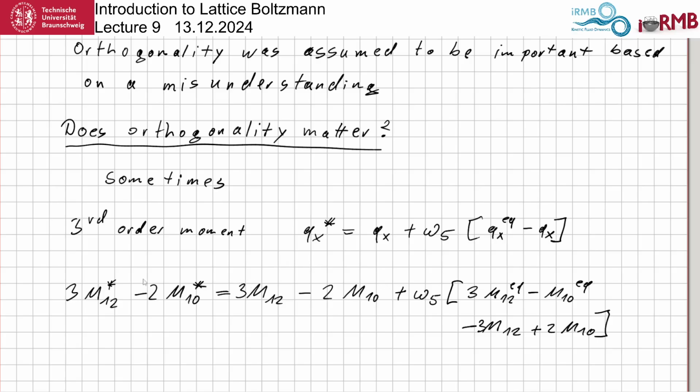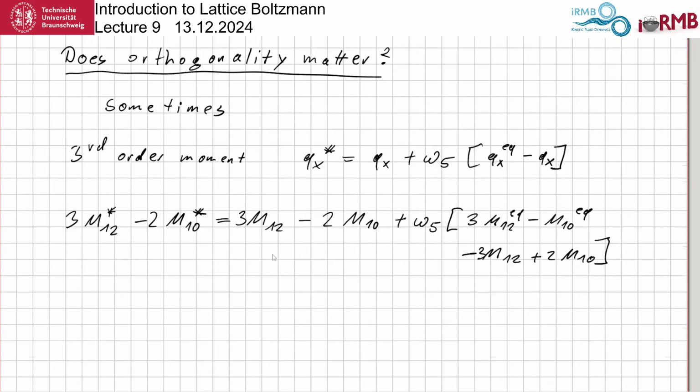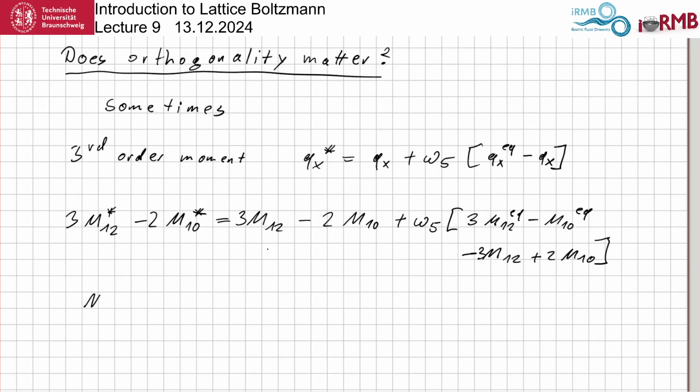So now comes a speciality here, namely that m10, this is the other guy showing up here. This is a conserved moment. Because it's a conserved moment, pre and post collision is the same, and is also the same as the equilibrium, because they are conserved.